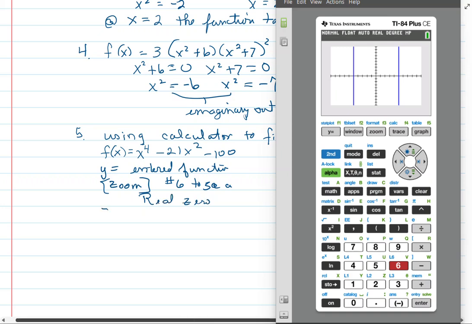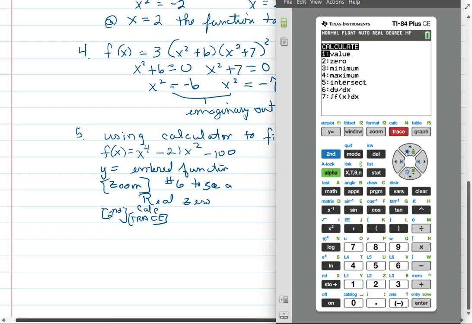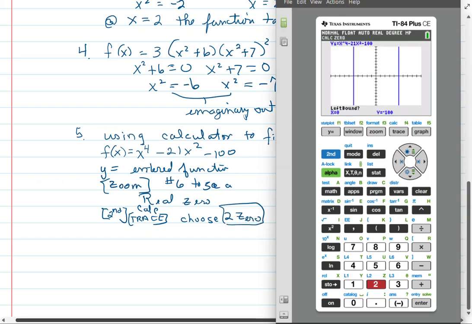Okay, I'm going to do second calc, which is trace. I'm going to do second trace for calc, and I'm going to choose 0. Now, this is a sandwich method, so I'm going to find my cursor.